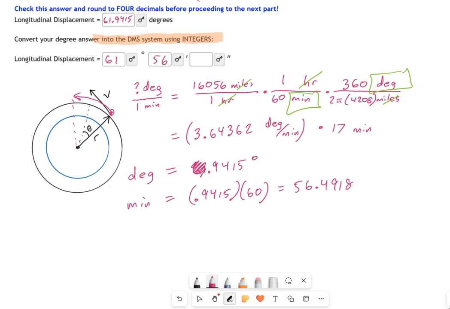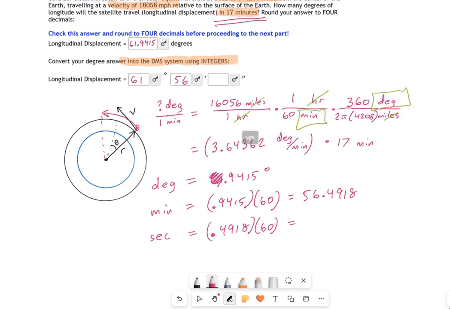So there's my 56. And then for the next part, which is my seconds, I take the 0.4918 portion and multiply it by 60 again. So that's 0.4918 times 60. I'll bet it's close to 30. Yeah. So we have 29.51 seconds.